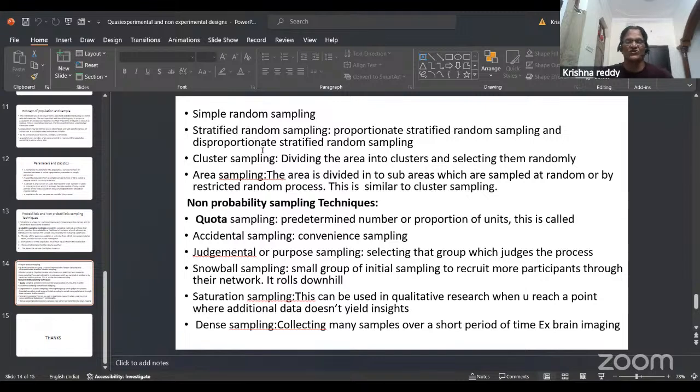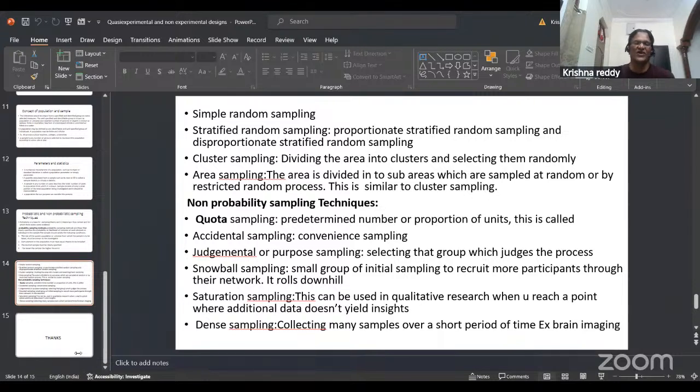Probability means likelihood, likely to happen. And non-probability sampling techniques are quota sampling, accidental sampling, judgmental, snowball, saturation, and dense sampling.